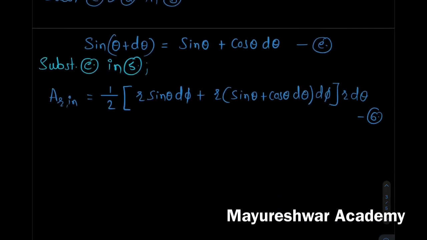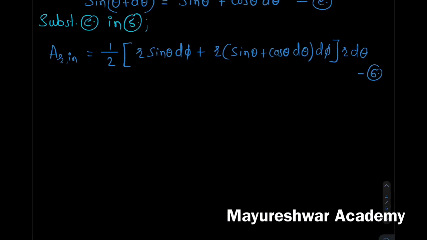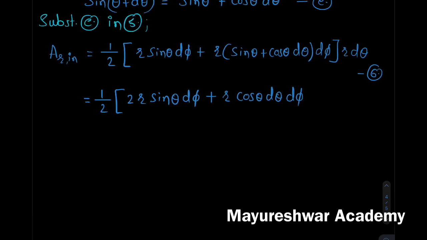So let us expand these terms. We have 1/2 of this term will be twice r sine theta d phi plus r times cos theta d theta d phi, and times r d theta.